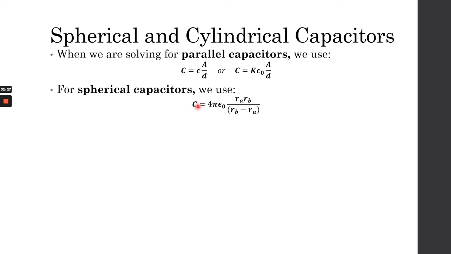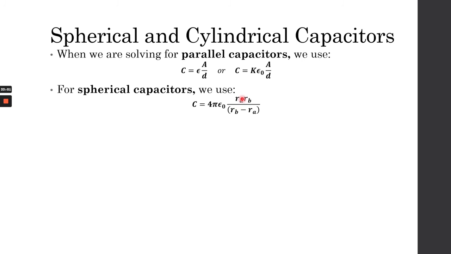The capacitance is equal to 4 pi epsilon naught, the permittivity of free space or permittivity of air or vacuum, multiplied by the radius of the inner sphere multiplied by the radius of the outer sphere.